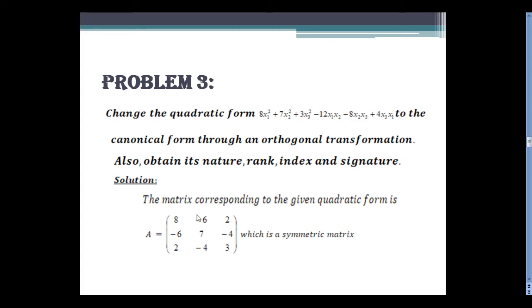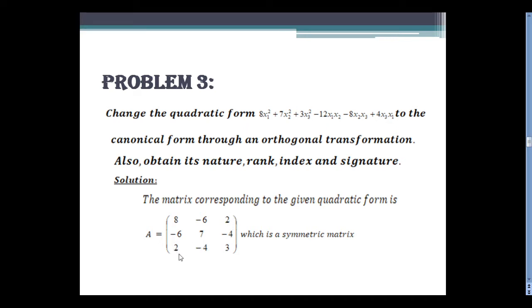Then this place is nothing but half into the coefficient of x1 x2. The x1 x2 coefficient is minus 12. When you multiply with half, we get minus 6. The same value minus 6 goes here. And here, half into the coefficient of x1 x3. The x1 x3 coefficient is 4. Half into 4 we get 2.